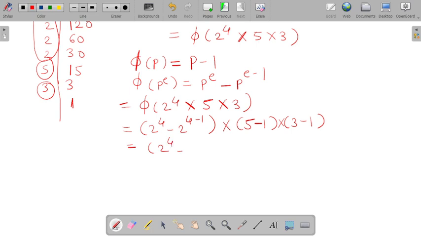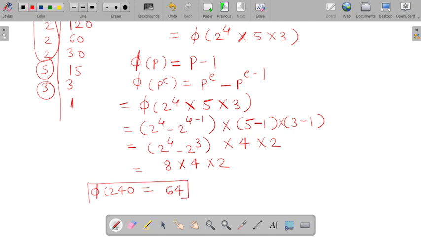So 2 raised to 4 minus 2 raised to 3, into 4 into 2. So 2 raised to 4 minus 2 raised to 3 gives 16 minus 8, which is equal to 8, into 4 into 2. And the answer for the question is 64. So phi of 240 is equal to 64.